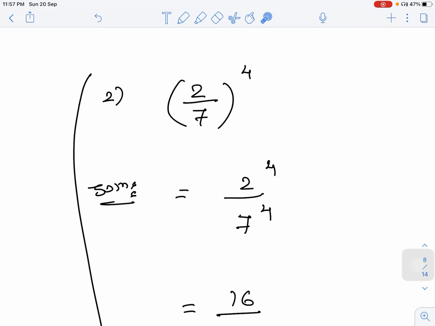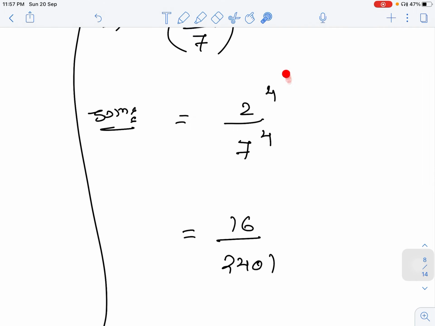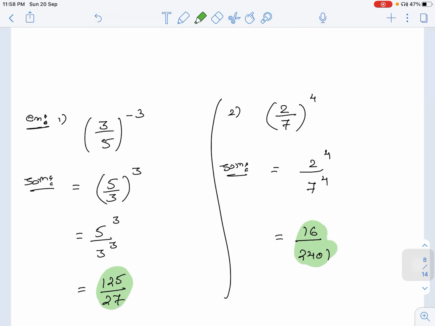So in the next step you will get 2 raised to 4 upon 7 raised to 4. What is the value of 2 raised to 4? 2 is multiplied 4 times, so the answer is 16. 7 raised to 4 means 7 is multiplying itself 4 times, so the answer is 2401. So this is our first law.